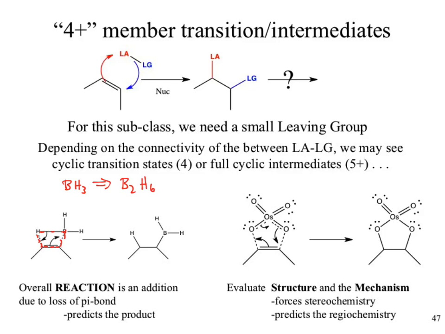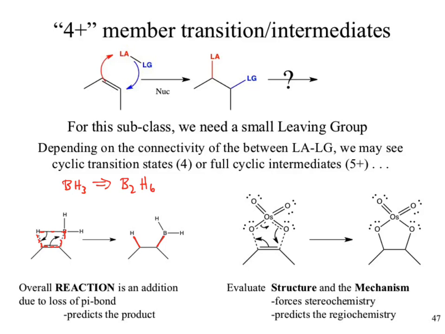Notice the end result is that we don't end up seeing the 4-membered ring. Okay? We go from a pi bond to the fully added structure, with the boron attached. Kind of makes sense? Why are we concerned about that 4-membered transition state? Well, if we look at the product, we've added 2 new sigma bonds, the hydrogen and the boron.